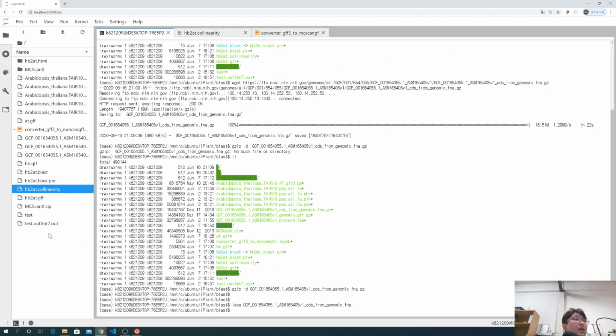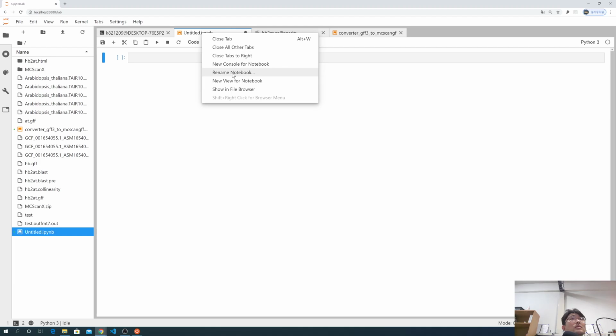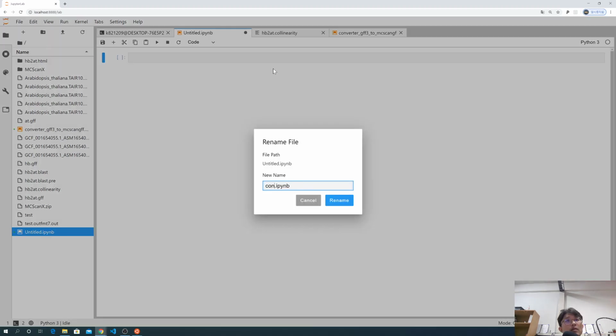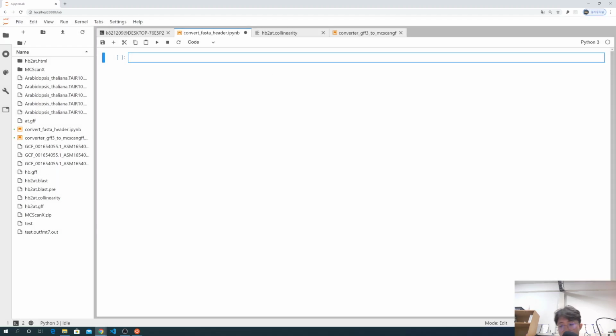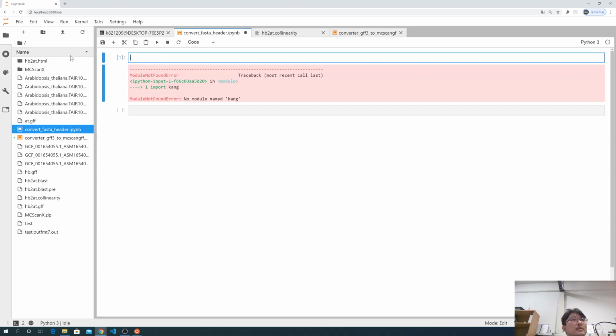Then we have to open up a new one, convert FASTA header. So we have to make this code. Okay, so then let's just open up the file. GCF.